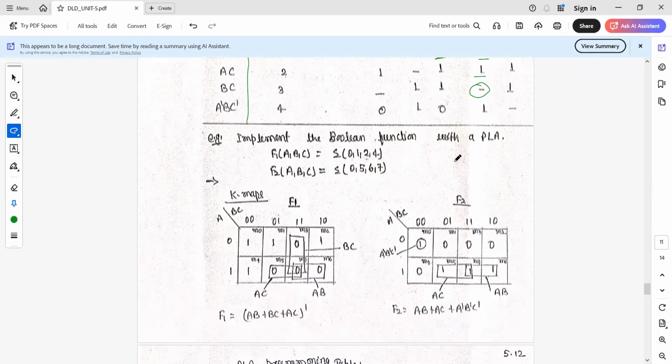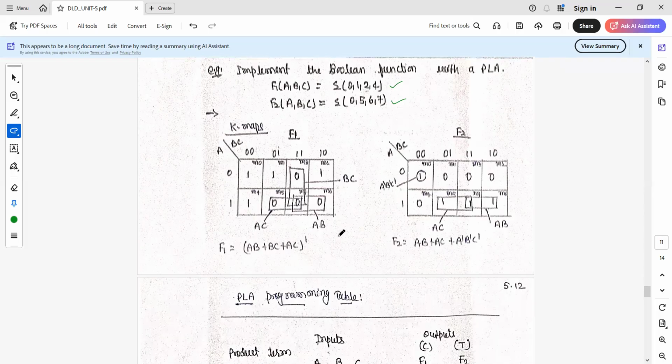Now, in case of PLA, if in place of a given Boolean function we have minterms given, then we obtain the K map. In this case, once we apply the original minterms, we observe that it is not going to overlap, or the number of product terms is not obtained as per the given situation.